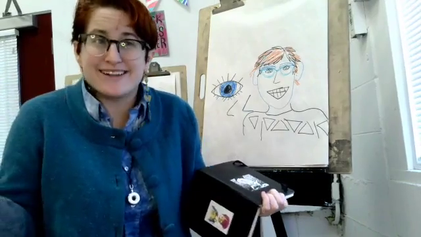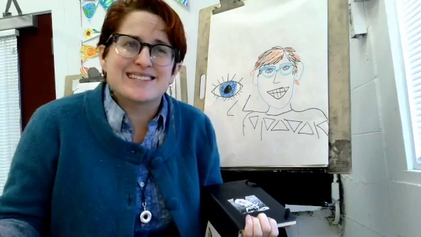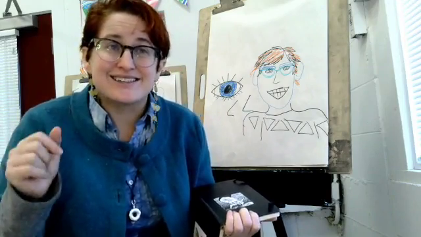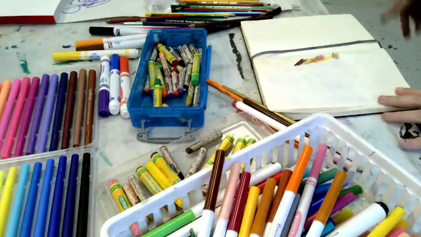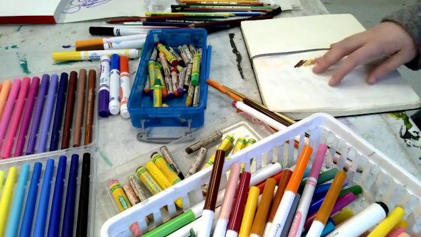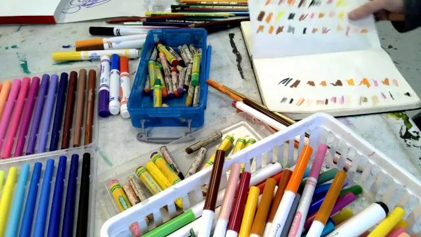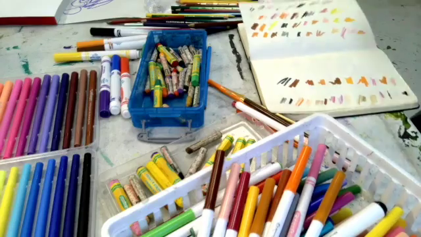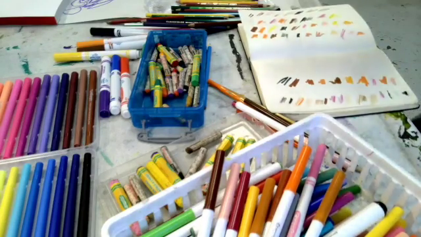But how do we use our crayons and our colored pencils to make a skin tone that looks like ours? Let's do that. Okay, so there are lots and lots of options for how to use color in a drawing. And it can be overwhelming sometimes to pick out skin tones from all of this wonderful color.